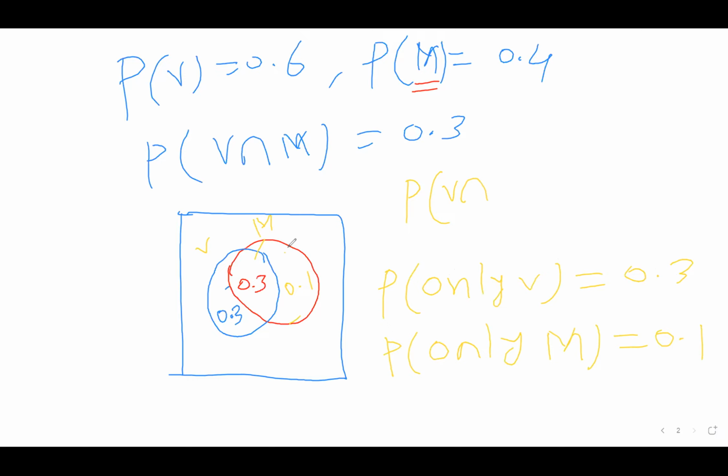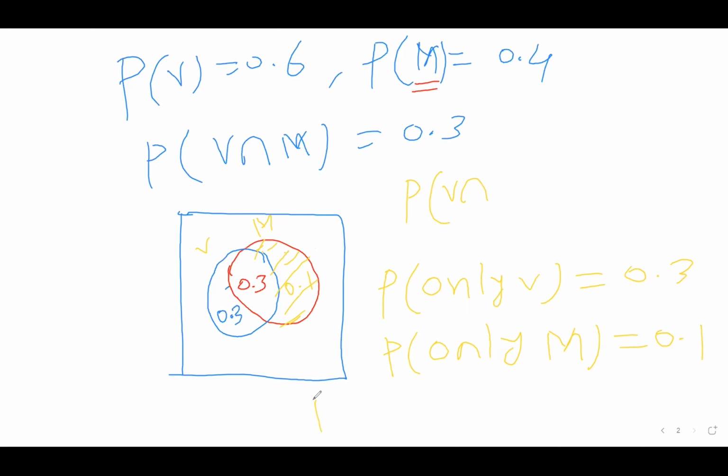Only M means the area of this region, the probability of M which isn't included in V. If you subtract the area of V from M, then it will be only M, which is 0.1. And similarly, the probability of only V is 0.3.